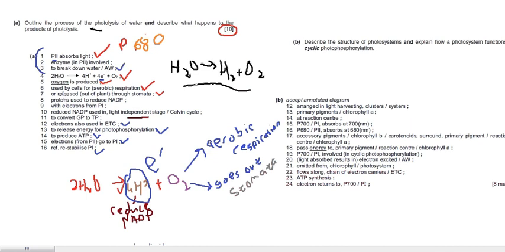Then you come to the second point, which says from water you write the equation. Then you give the details of what happens to the oxygen, then what happens to the hydrogen, and finally what happens to the electrons, and that's all.